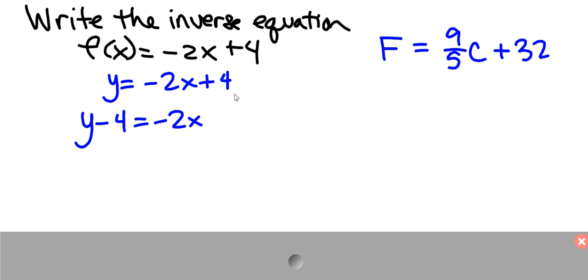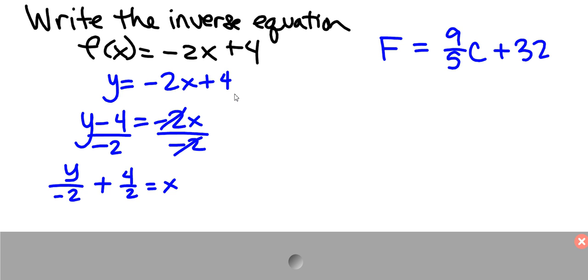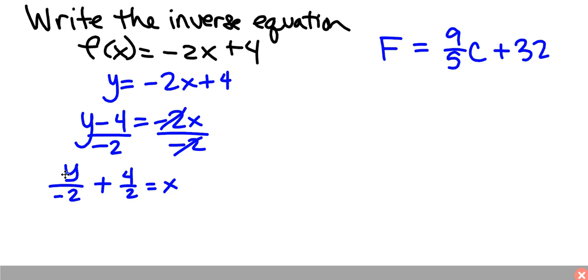So I again have slope-intercept form. I split these apart: y over negative 2. Negative divided by negative becomes a positive 4 over 2. Now I should keep simplifying it. Remember, this negative I should put up front, and then I should reduce here.